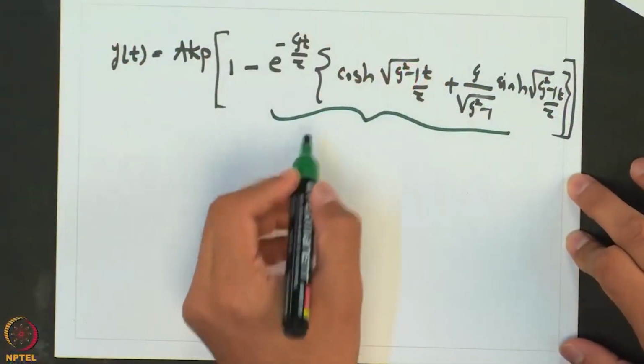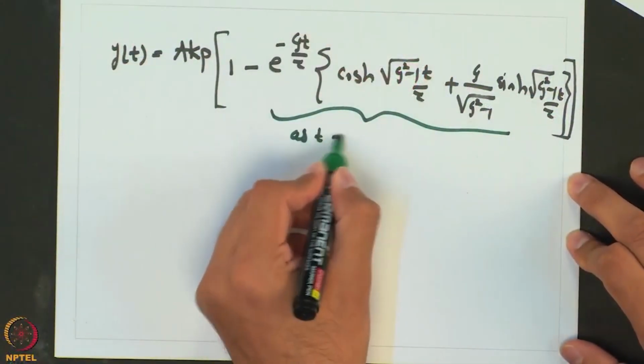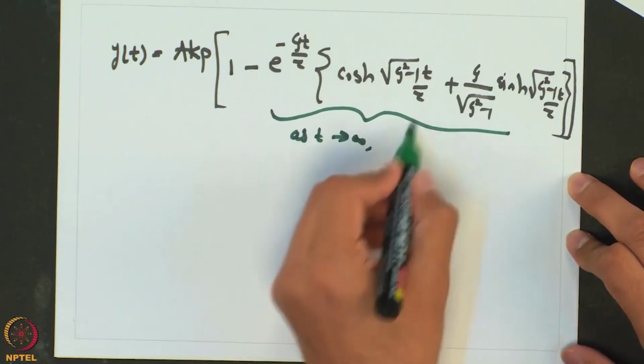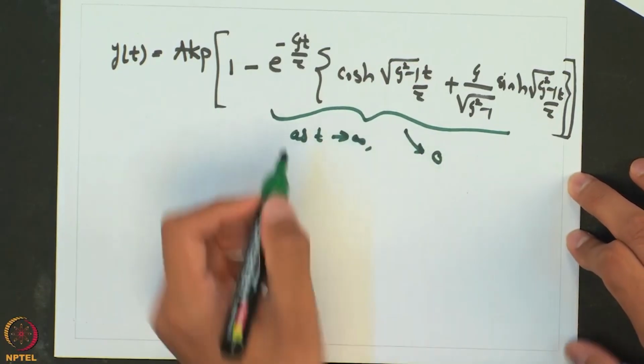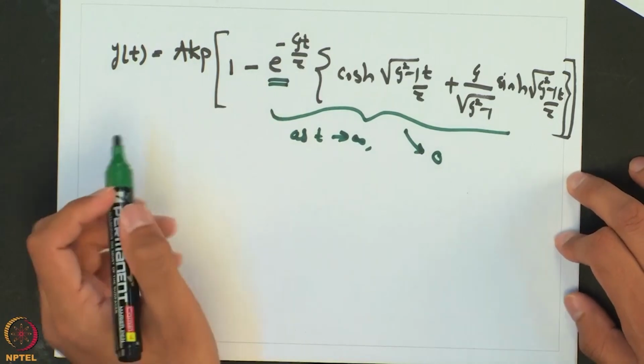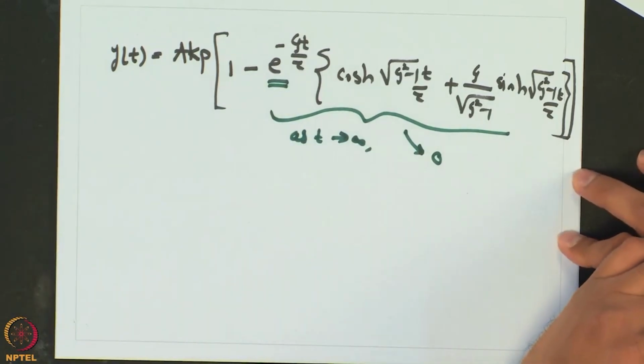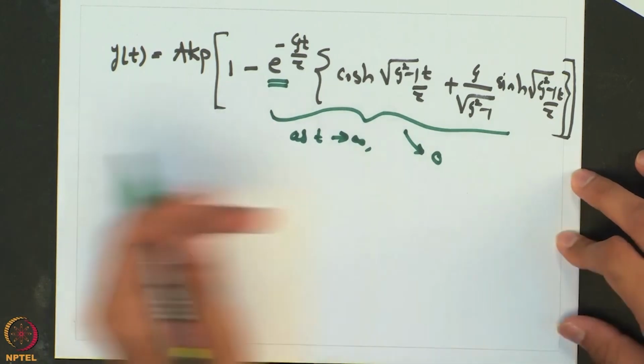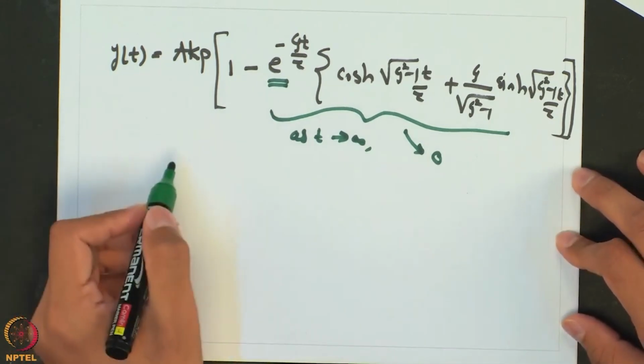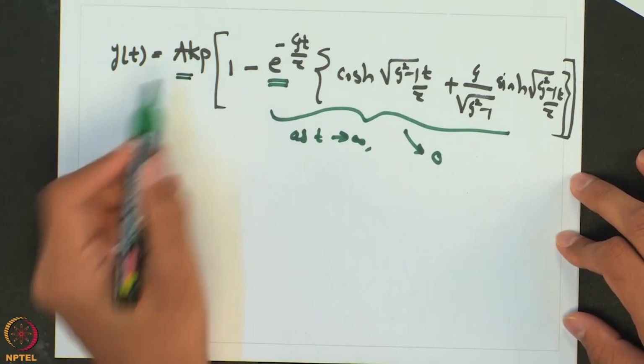So, as t tends to infinity this entire term would go to 0 because there is a decaying exponential. I am talking about the case when zeta is indeed greater than 0, and the final value of the response would then be given by AKp.